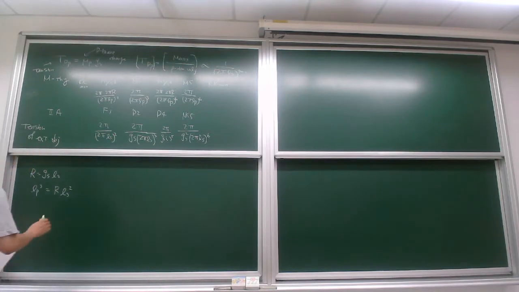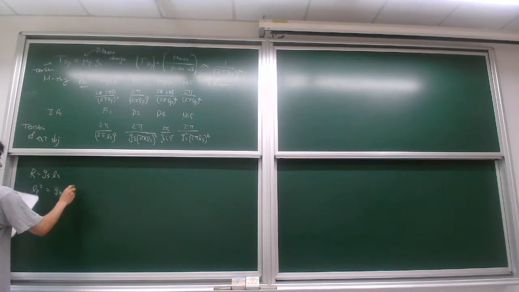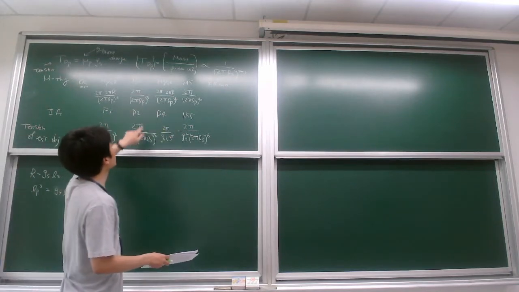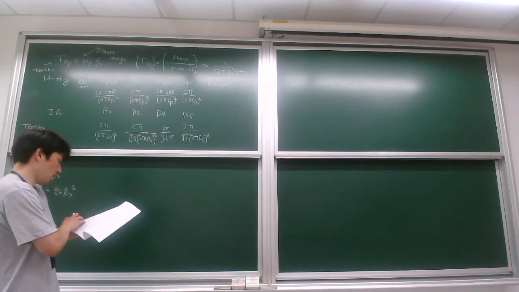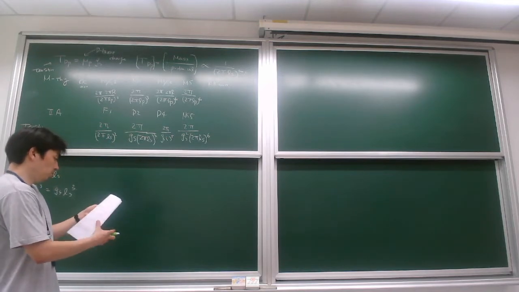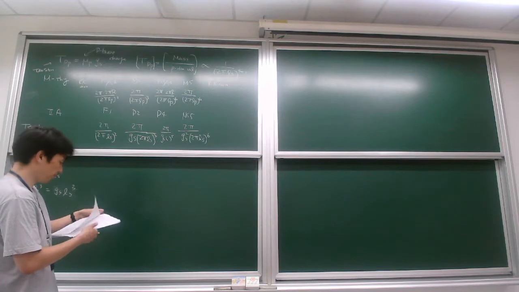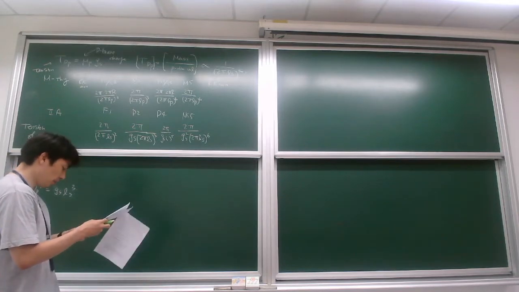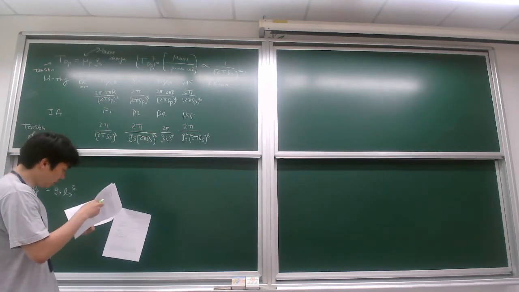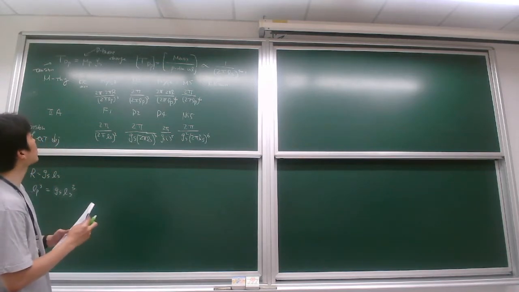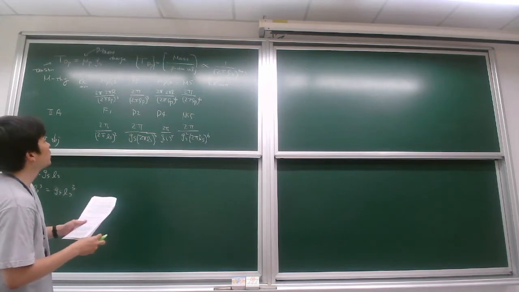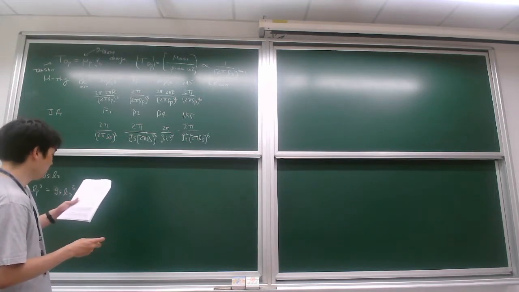So we use this relation, g_s l_s, to obtain this kind of relation, so that you have the correct dimensional formula, and then you can check.